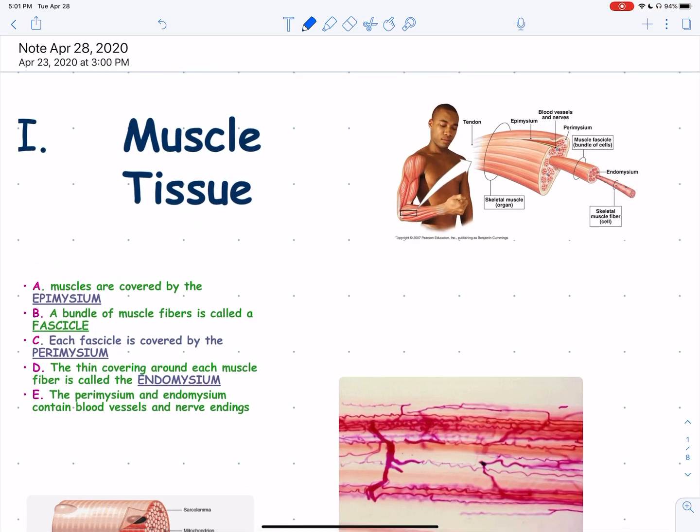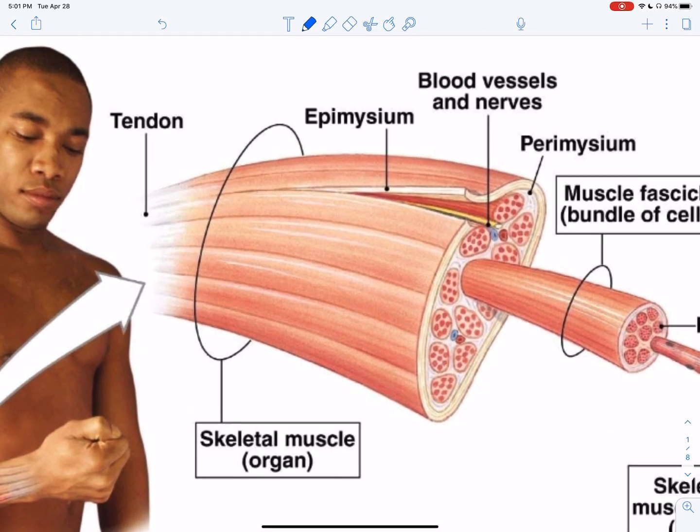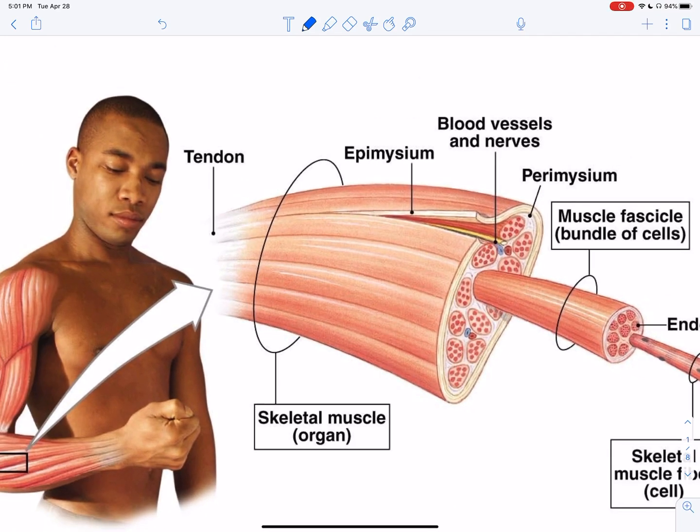Okay, so here we have the notes that you should have already recorded, and hopefully now they are more clear to you. I want you to recognize that your blood vessels and nerves are going to be in between your fascicles. So notice the blood vessels and nerves here, okay?